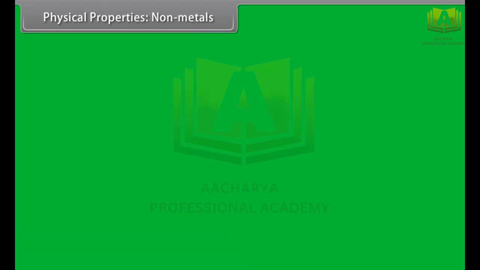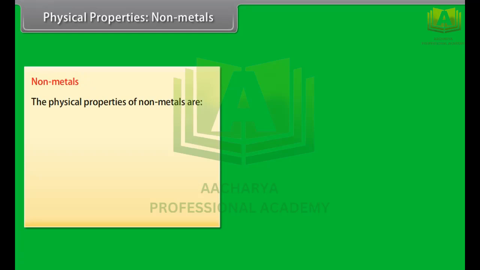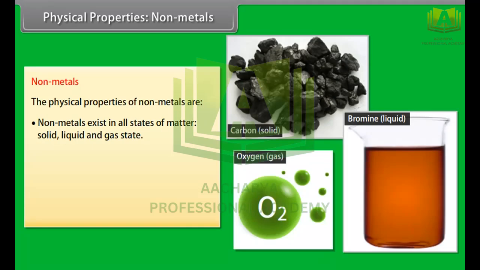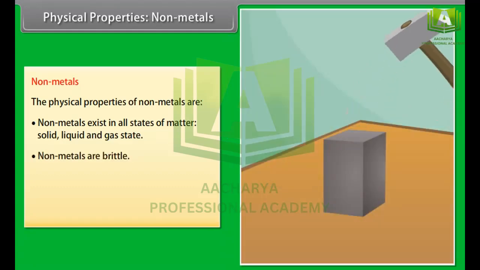Physical properties. Non-metals. Let us now look at the physical properties of non-metals. Physical state. Non-metals exist as solid, liquid, or gaseous at room temperature. Gas: oxygen, chlorine, fluorine. Liquid: bromine, and solid: carbon. Non-malleable and non-ductile.